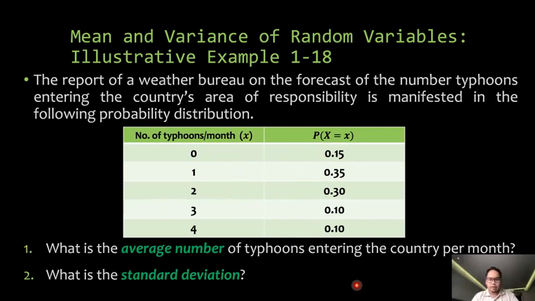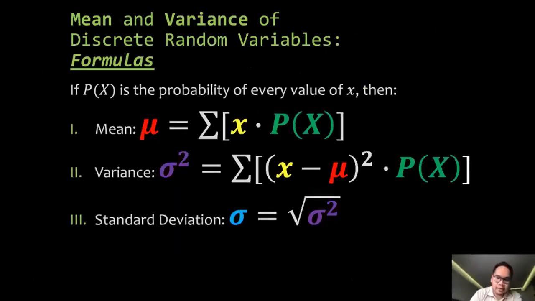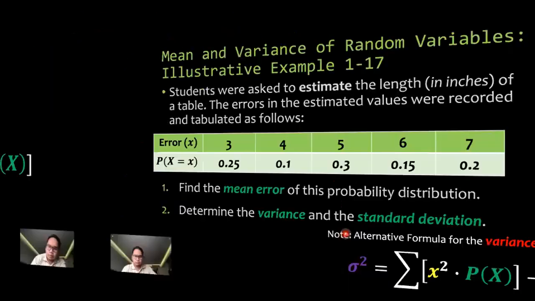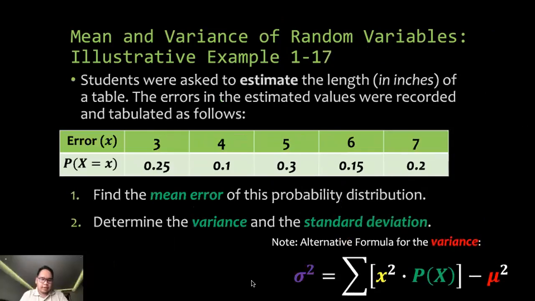So recall the formula for the mean is like this. First we get the product of each x and p of x, then you sum them up. Our shortcut formula for the variance is this.